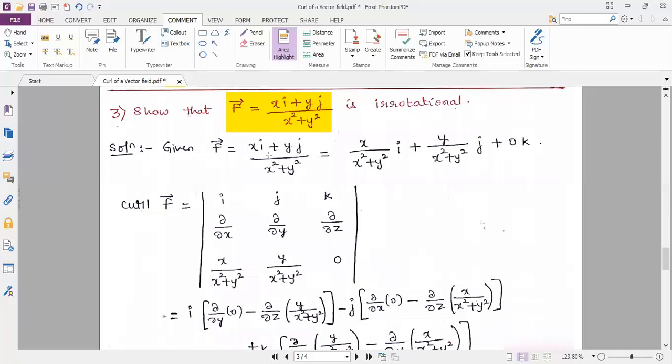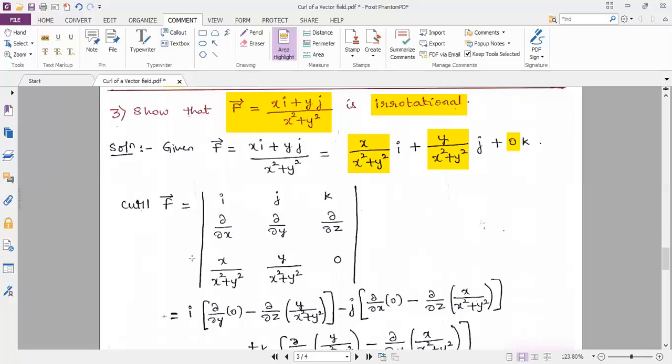This can be split into i component, j component and k component and can be written as x/(x² + y²) i + y/(x² + y²) j + 0k. So we need to obtain curl f and prove that curl f is equal to the 0 vector, which proves that the given vector f is irrotational.